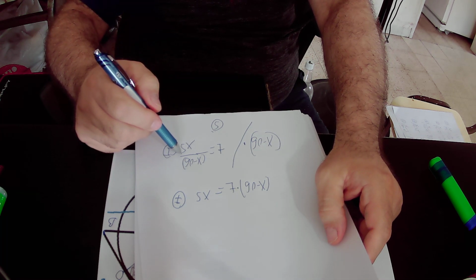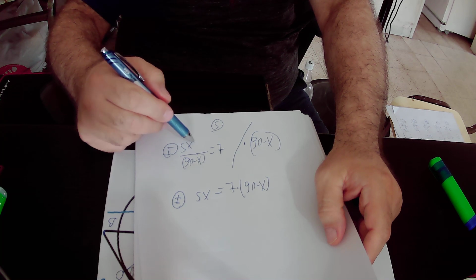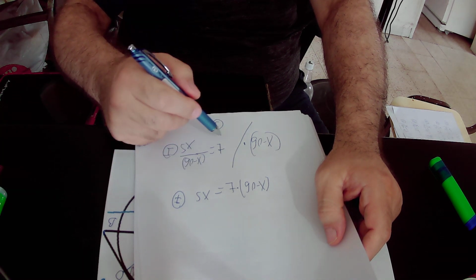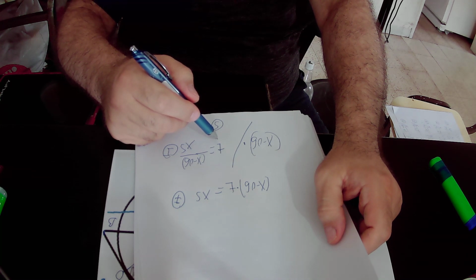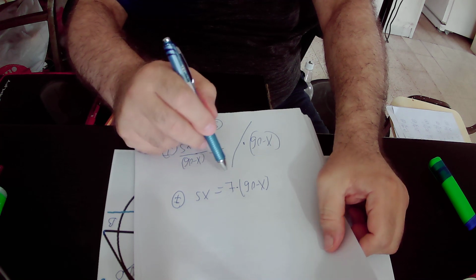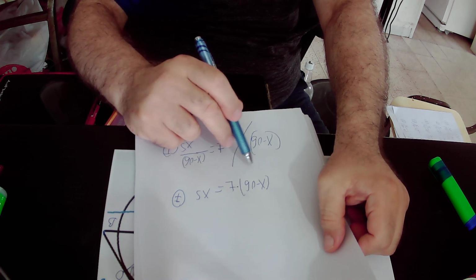5x divided by 90 minus x times 90 minus x equals 5x, and 7 times 90 minus x equals 7 times 90 minus x. Now I will open the brackets here.